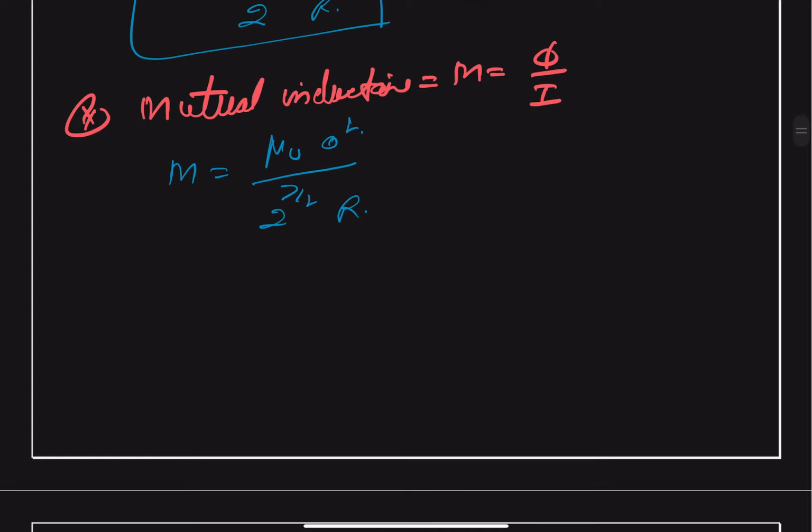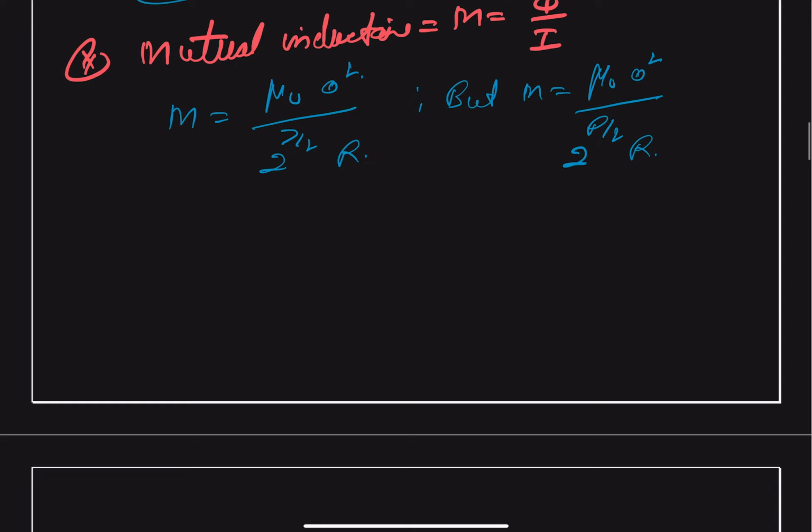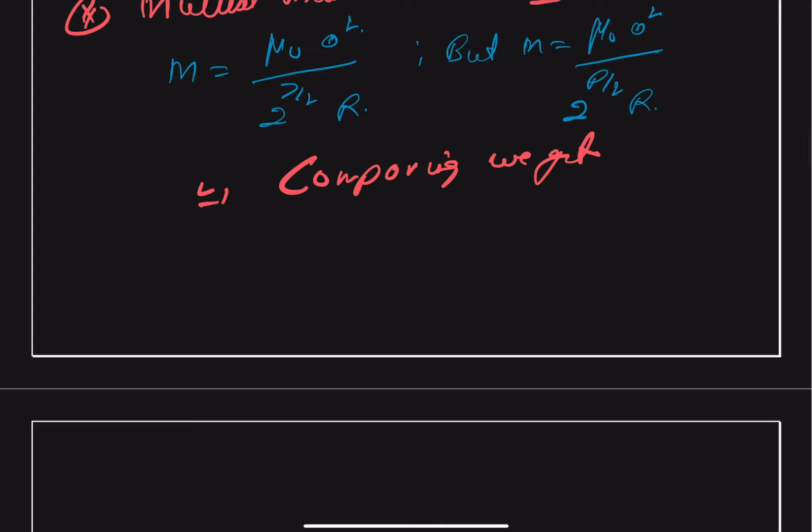But we are also given that mutual inductance is equal to mu naught A square upon 2 raised to power P by 2 times R. If we make a one-to-one comparison, we get that the value of P is equal to 7.